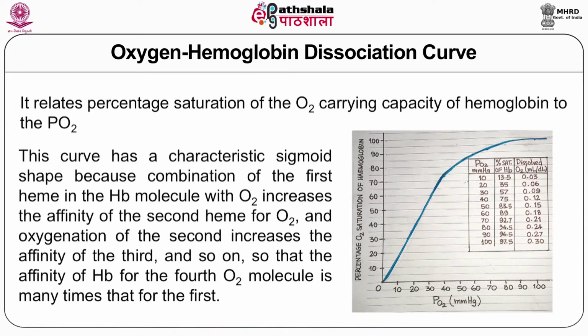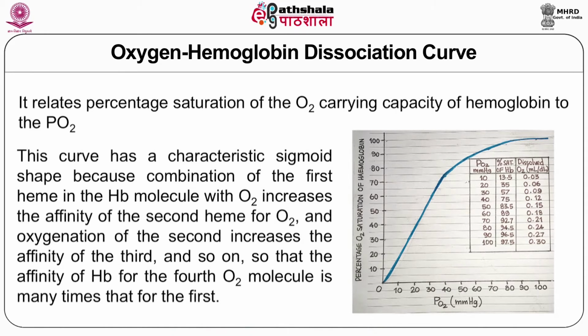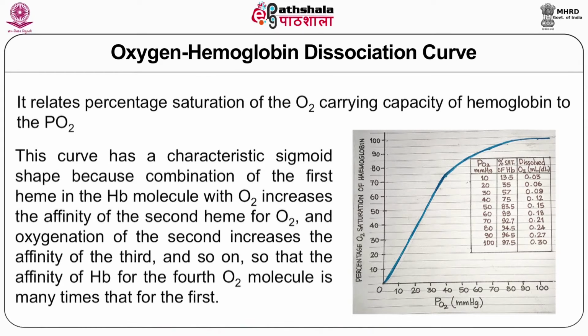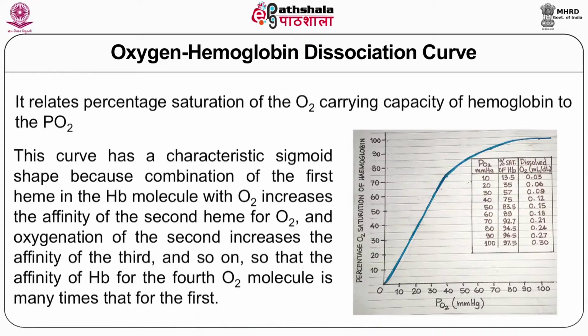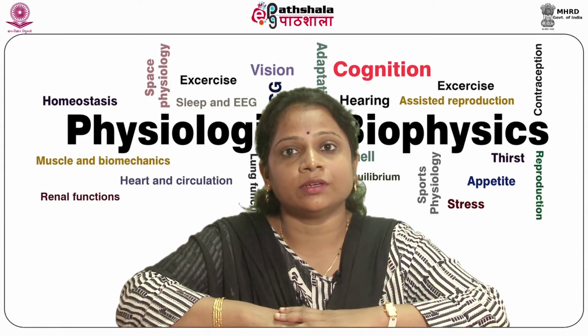This curve has a characteristic sigmoid shape, because the combination of the first heme in the hemoglobin molecule with oxygen increases the affinity of the second heme for oxygen, and oxygenation of the second increases the affinity for the third, and so on, so that the affinity of hemoglobin for the fourth oxygen molecule is many times that for the first. It leads to the sigmoid shape of the oxygen hemoglobin dissociation curve.